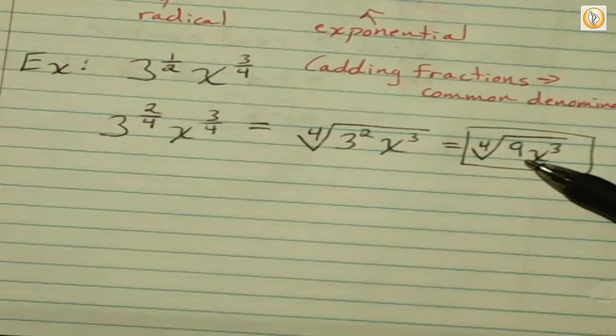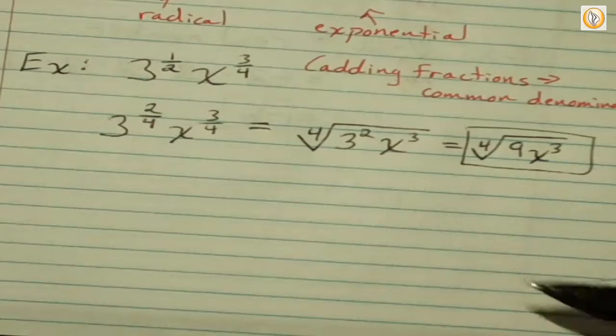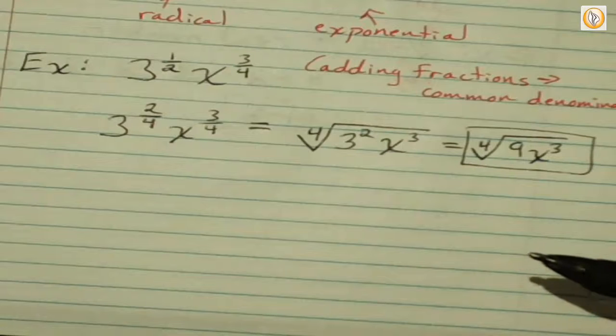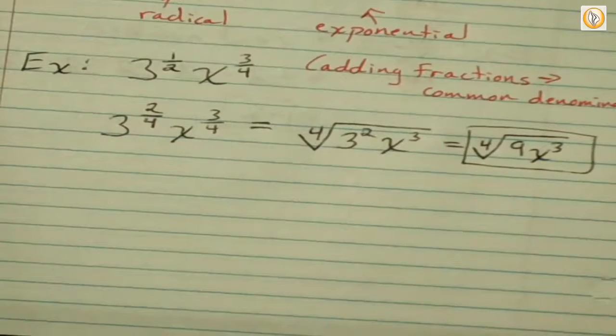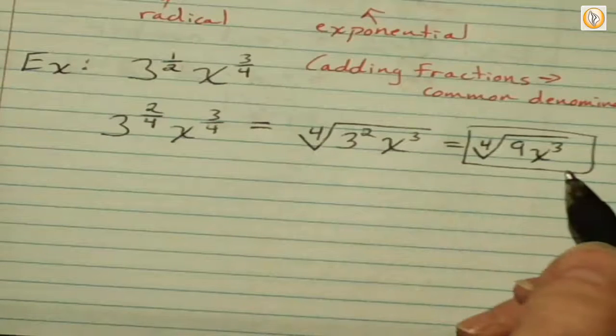There is no number that can be multiplied by itself 4 times that is going to give you 9 or even x to the 3. What if you have x to the 4? Then that can come out. We'll get to that. All right, do y'all have any questions about this?